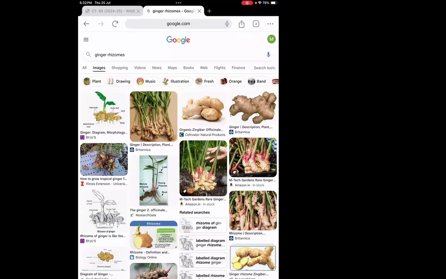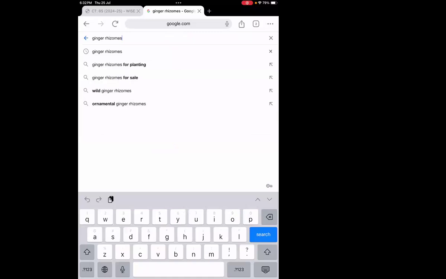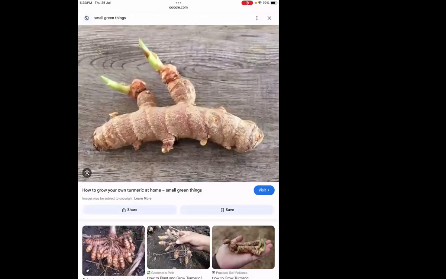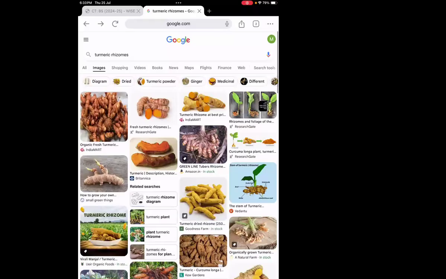Then the turmeric rhizome. Yeah, these are the turmeric rhizomes. You can see in this picture, this green structure coming out. Then the next one is the stolon, which is basically the runner.